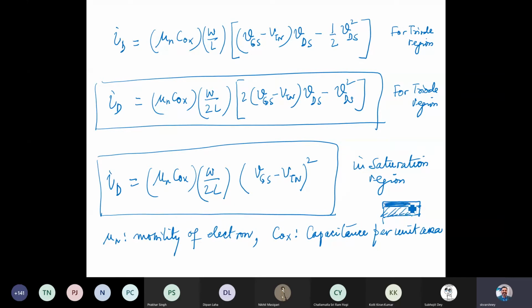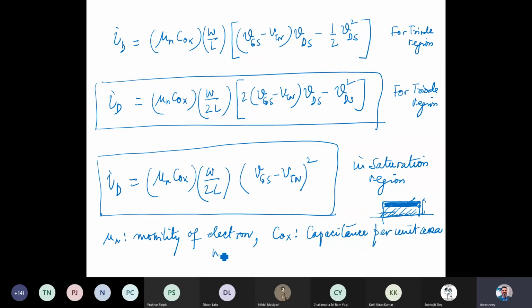So this is metal, and this is the oxide layer, and below you have the p-type substrate. So the capacitance here is the capacitance per unit area, which we can obtain. We know the dielectric material, which is oxide here. Let's consider silicon dioxide, so it's 3.9 multiplied by epsilon 0. So we can find the capacitance per unit area.